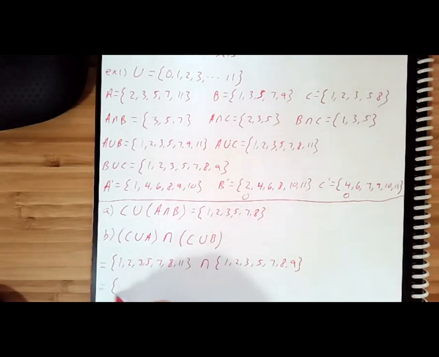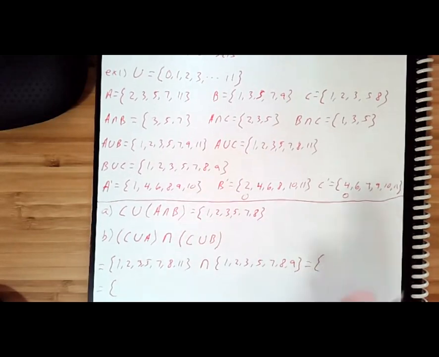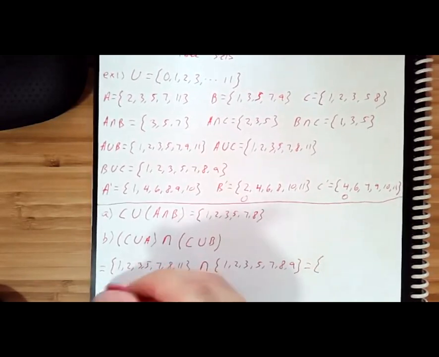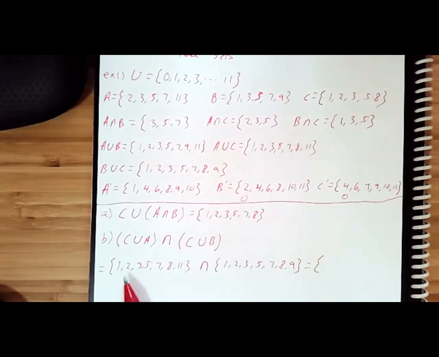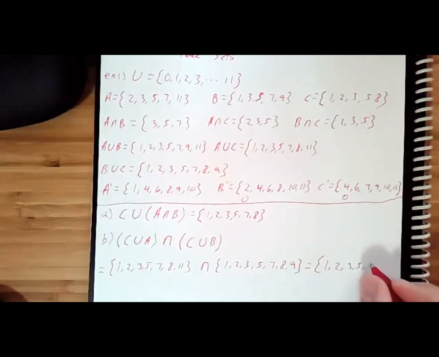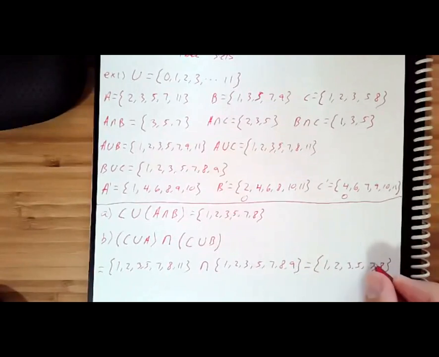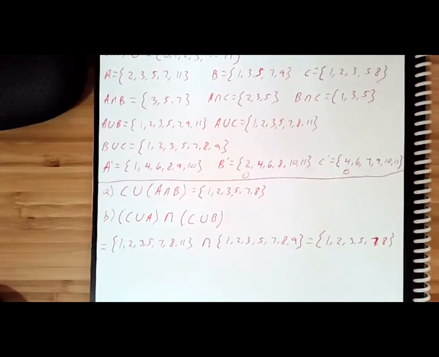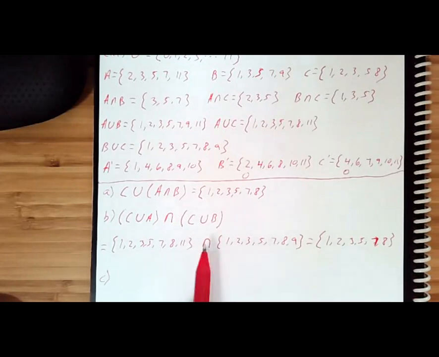So that'll simply be, I'll put it over here, they have in common 1, 2, 3, 5, 7, 8. That's it for part B. Part C says, well, first of all, does that make sense? Do you see how I got that?